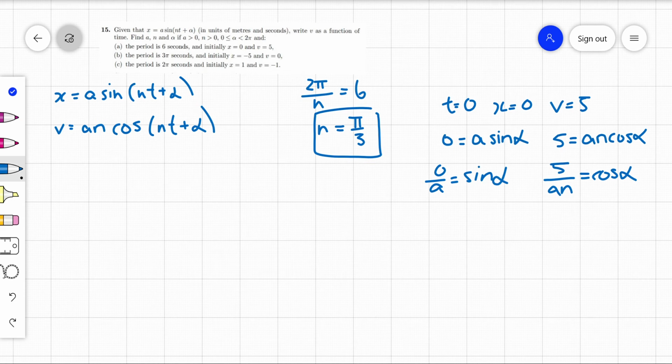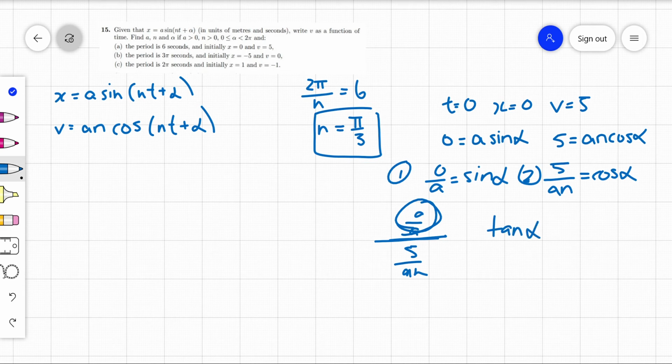So you can do this all different ways, and I think in the textbook it does it a different way. But if I just do this equation 1 divided by this equation 2, I'm going to get 0 on a divided by 5 on an. Doesn't really matter what I do, I'm still going to get a 0 on top. 0 divided by a is 0, so this is 0 divided by something which is still 0. So I'm going to get, in effect, tan alpha equals 0.